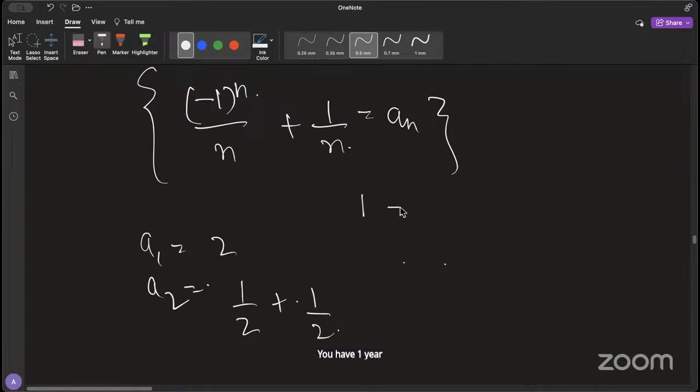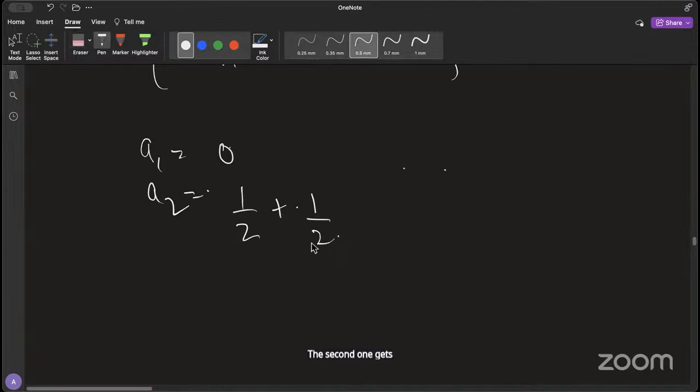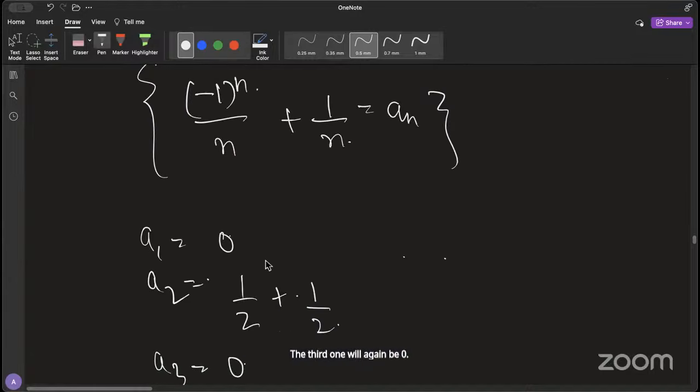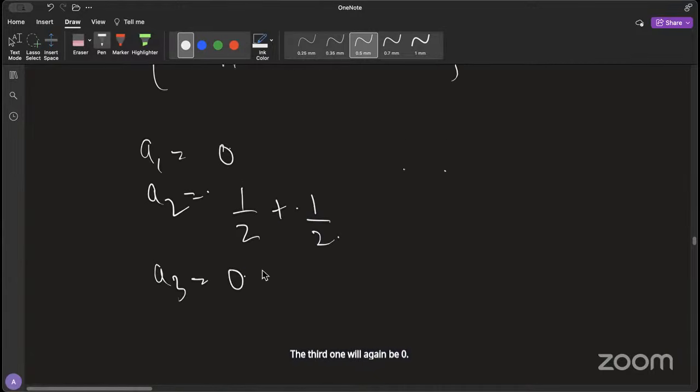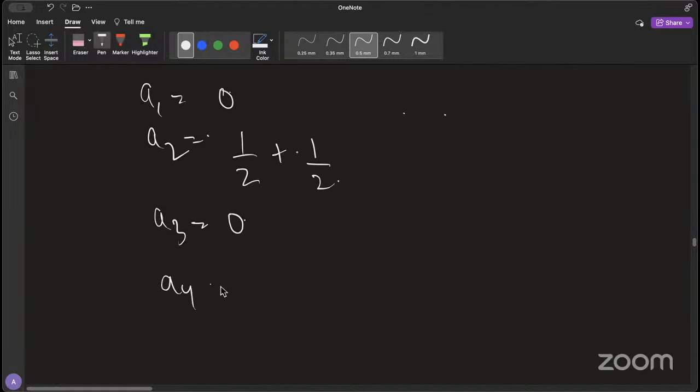We'll put 1 here and then we'll put minus 1 to the power 1, right? Yeah, it's 0. This one is 0. The second one gets added, so it will be 1 by 2 and 1 by 2. The third one will again be 0. The fourth one will get added, so this will be 1 by 4 and 1 by 4.